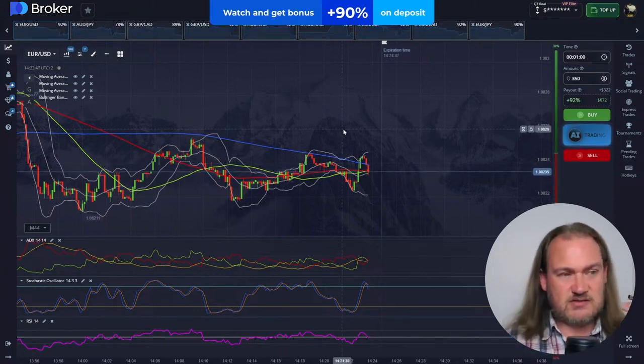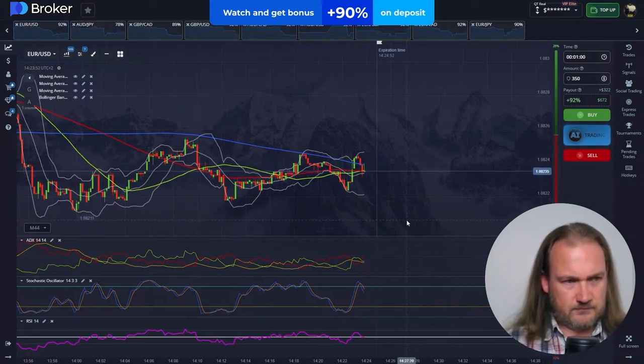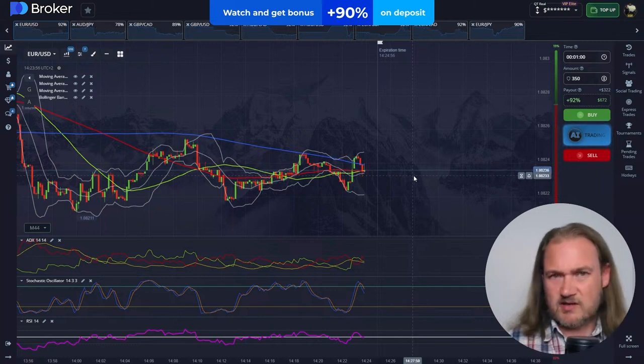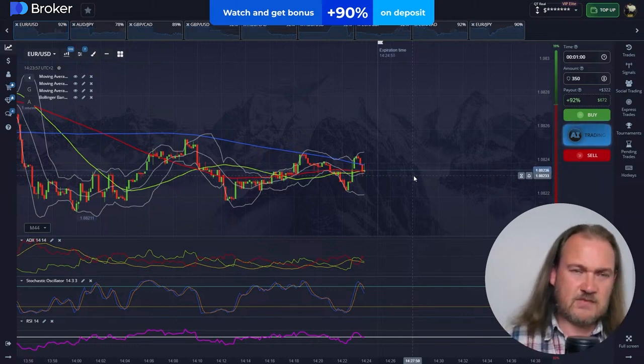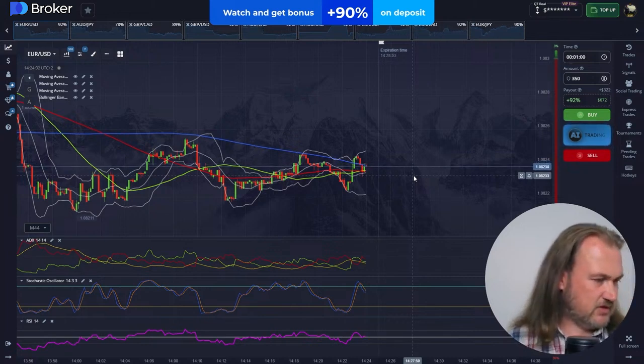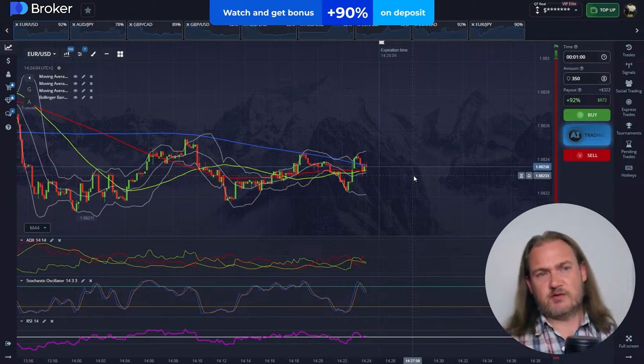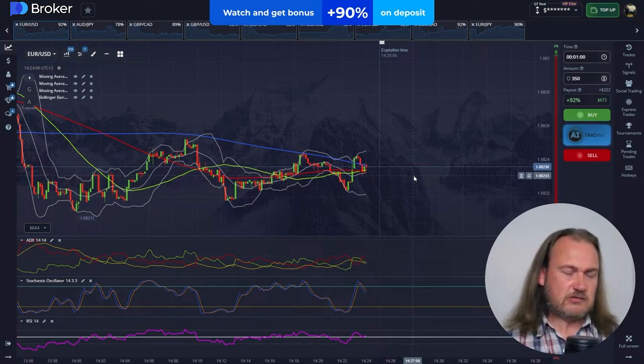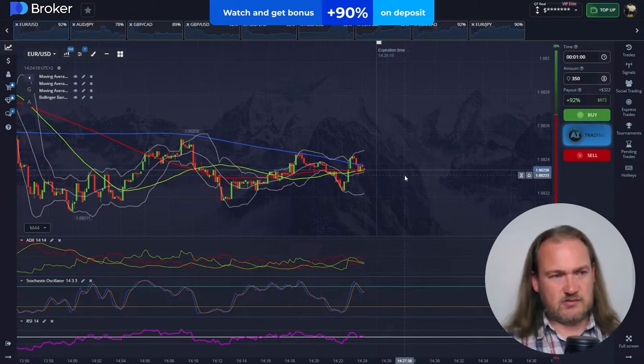You can use Bollinger Bands on any time frame. Basically, you can use any indicator on any time frame. Just gotta be prepared that the higher your time frame goes, the fewer entries you're gonna get, right? Or the slower your entries will be. But it works on all time frames.